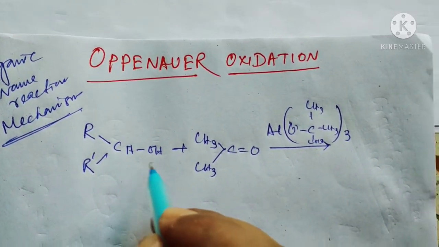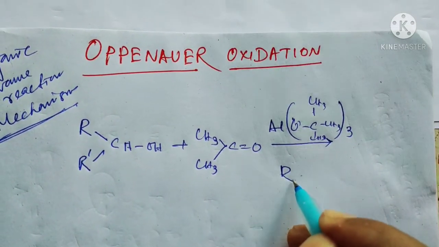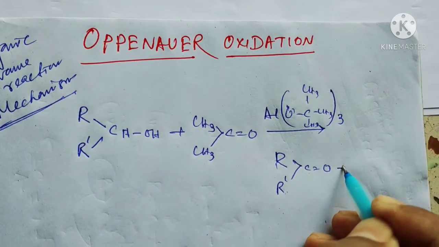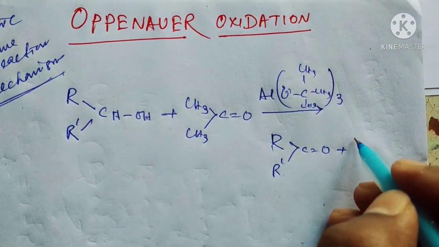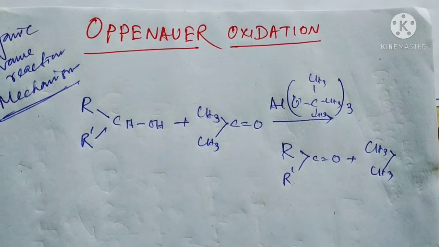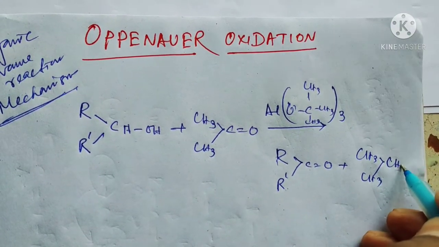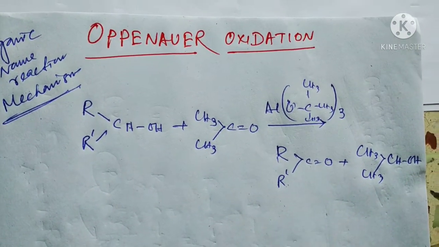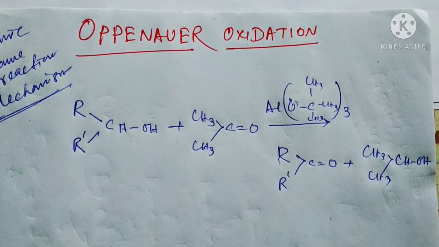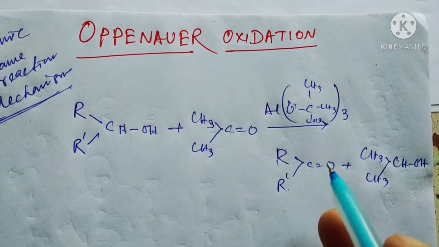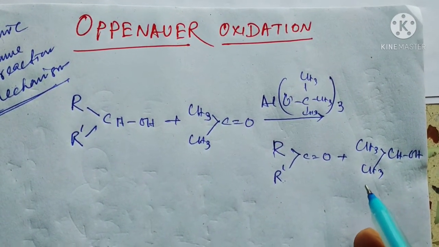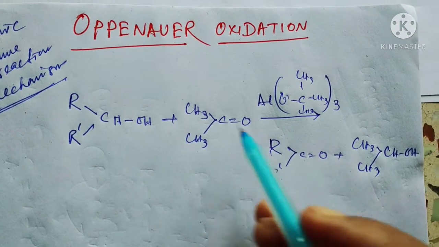This one becomes the ketone, and this acetone becomes the isopropyl alcohol. Okay, now what happens here actually, this tertiary butyl alcohol on the other hand is resistant to oxidation, and this process is known as Oppenauer oxidation.